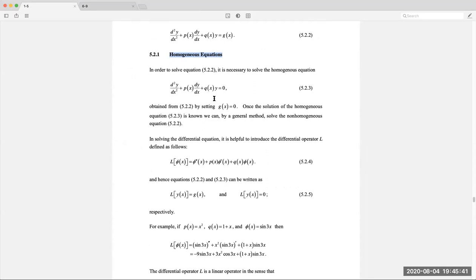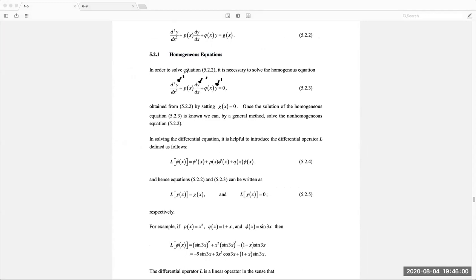So what do we mean by homogeneous equation? Actually, it means that the order of y is only up to power 1. There is no y square, sine y, or exponential y term in the equation.